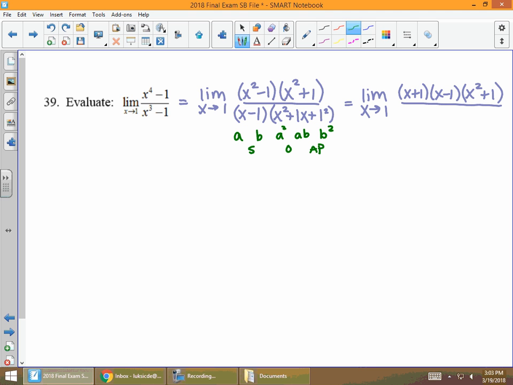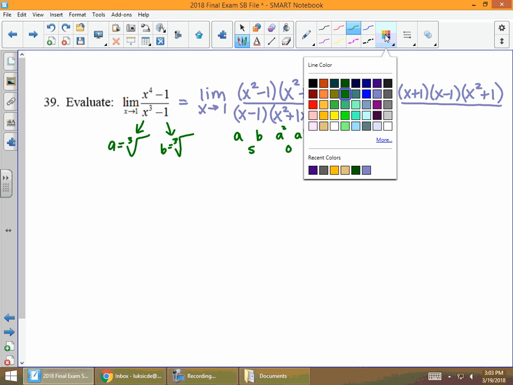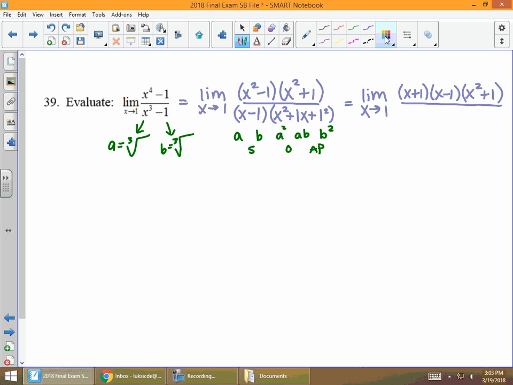Just write that out for you. And that a and b come from the cube root of that term. B is the cube root of the second. All right, let me make that pretty now. So x minus 1, x squared plus x plus 1.